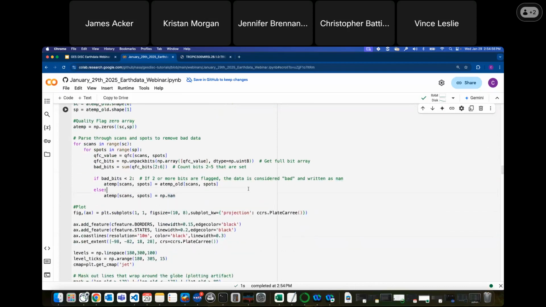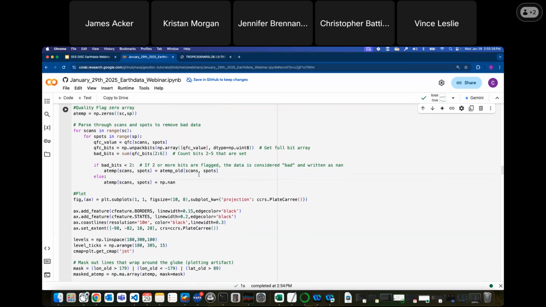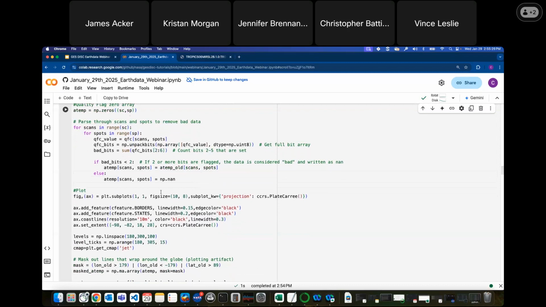And what we can do is set a tolerance for seeing how many bit error flags there are. And so these bits 2 through 5 represent different data quality control flags, some of which might be related to maybe a negative value where it should be a positive, or a missing value, or even maybe some sort of artifact from when the measurement was taken. And so for some of them, you could have a higher or lower threshold than others. For URAD, we're going to be a little bit more liberal with that.